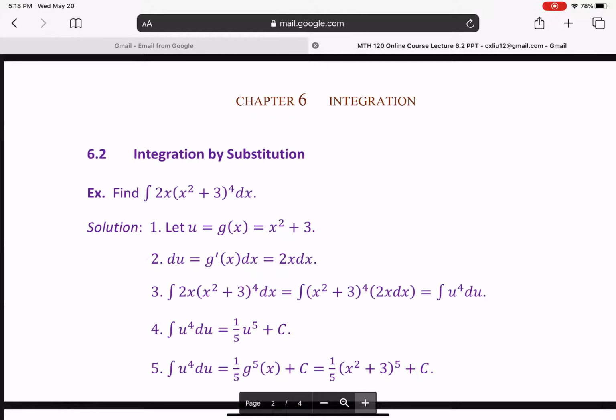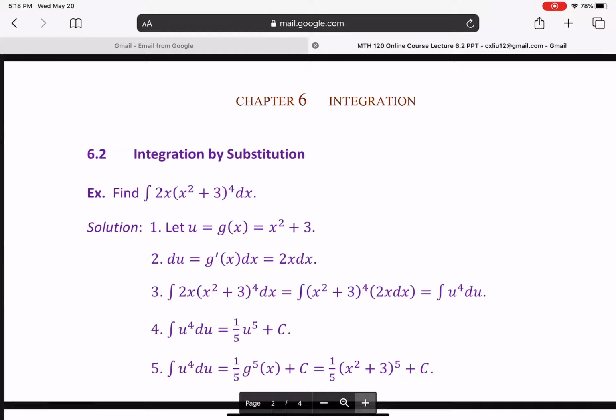And then step 2, take the differential of u, we get du equal to g prime dx, which is 2x dx. Step 3, we can rewrite the original integral as (x squared plus 3) to the fourth times 2x dx by regrouping. And then we can replace everything in the integral with the new variable u. Since x squared plus 3 is u, we got u to the fourth, and the 2x dx is just du.